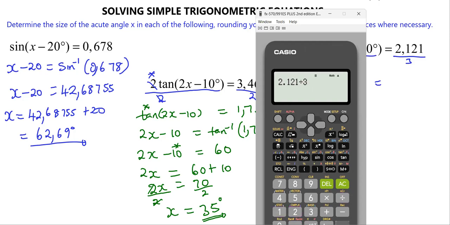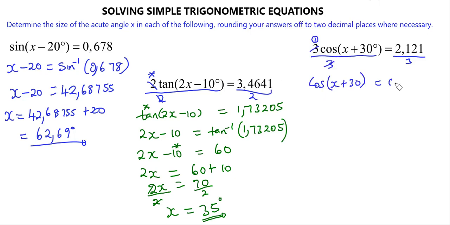We get 0,707. And now what do we need to get rid of?